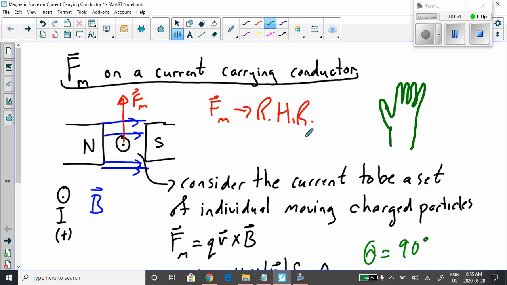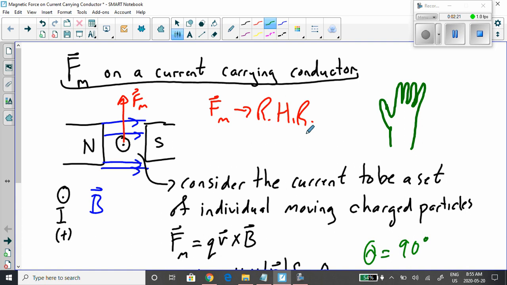Right hand. And you point your fingertips in the direction of the magnetic field. So in this diagram, the magnetic field goes from left to right, from north to south. So your fingertips of your open hand have to point that way. Your thumb has to point in the direction of the current.